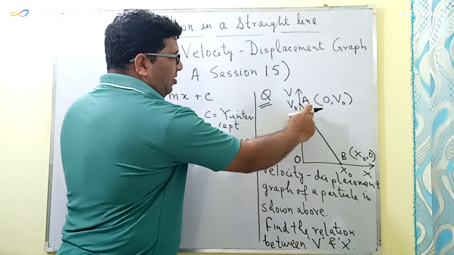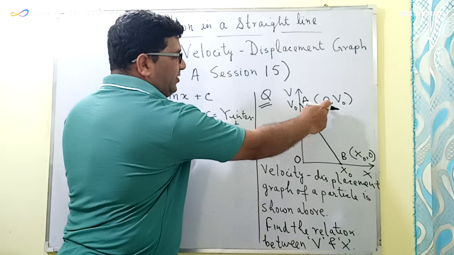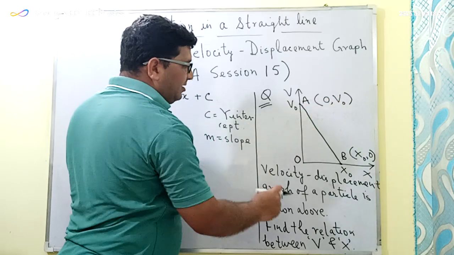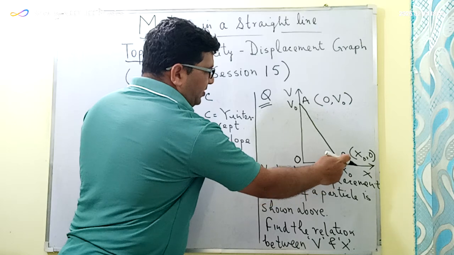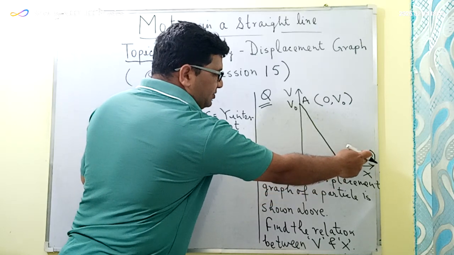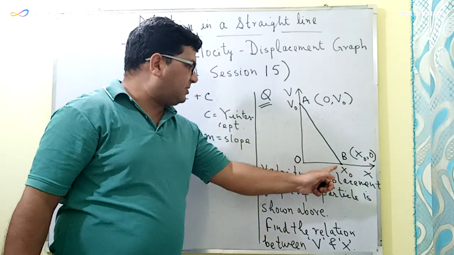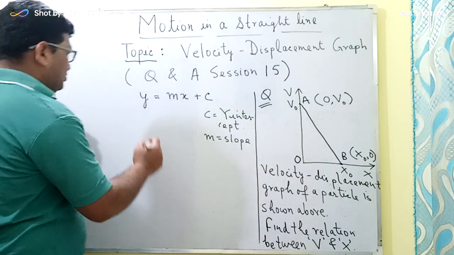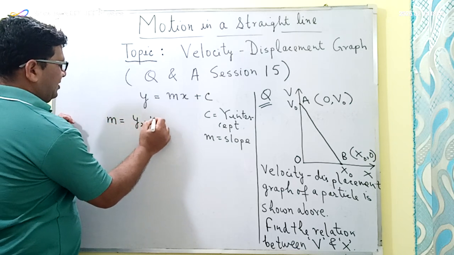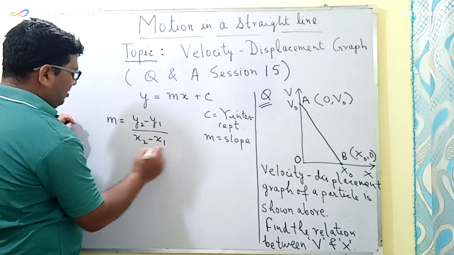Now here the coordinates of the point A of this line are 0 and v0. This is the x coordinate, this is the y coordinate, which is equal to v0, and the coordinates of the point B are x0 and 0, because 0 is the y coordinate and x0 is the x coordinate of this point B. So the slope of the line m is equal to the standard formula, that is y2 minus y1 divided by x2 minus x1.